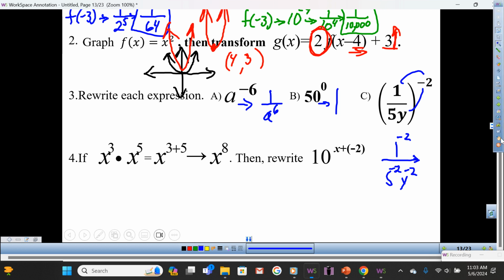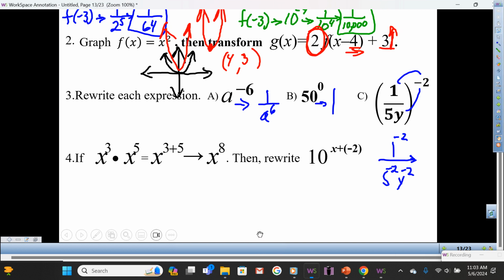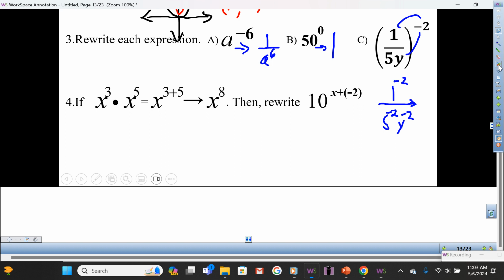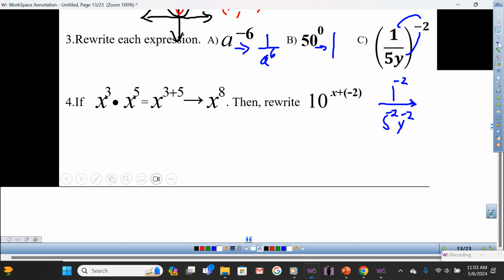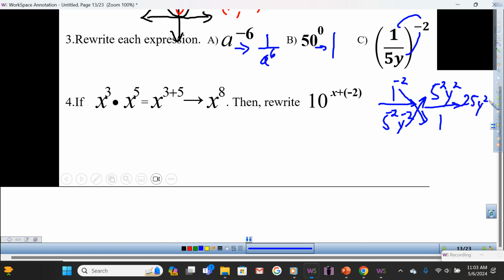Therefore, what did this become, Ryland? You said 5 squared y squared over 1. Yeah, because these negatives go up here to make it a positive. This one goes down here. But are we done? No, this is what? Over 1, or we can leave it like that. That is correct. Let's go. All right.